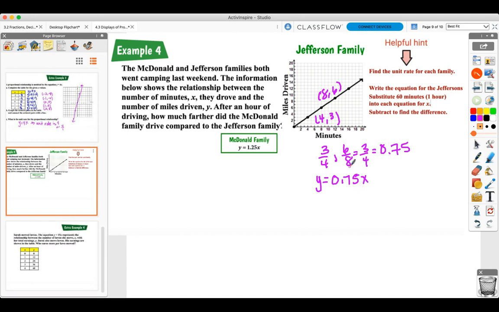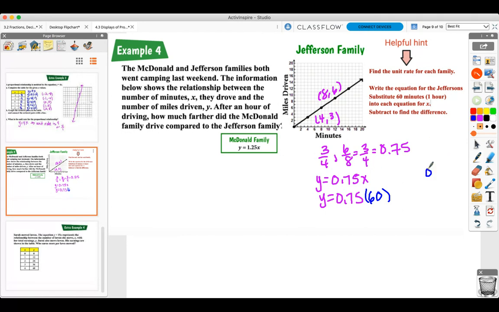We want to know how far they drove in an hour. So this is in minutes, and there are 60 minutes in an hour. So it's going to be y equals 0.75 times 60. Whoops, 60, not 6. So what is that? 0.75 times 60.